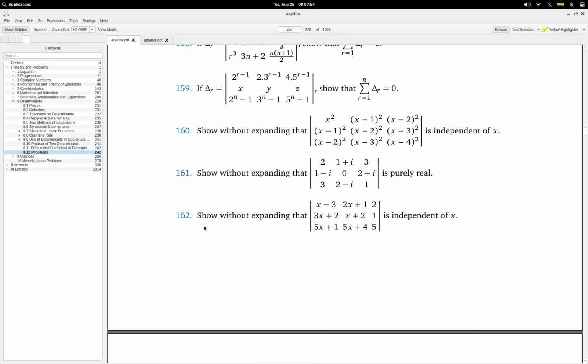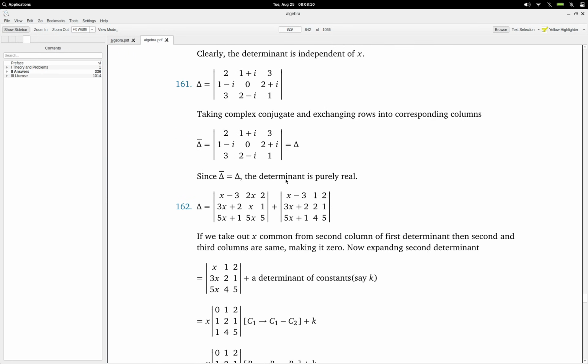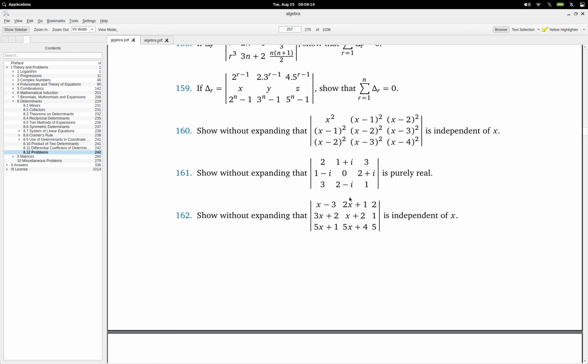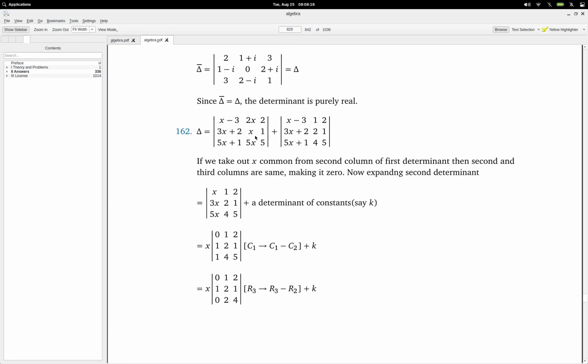Question 162 says that show without expanding that the determinant x minus 3, 2x plus 1, 2, 3x plus 2, x plus 2, 1, 5x plus 1, 5x plus 4, 5 is independent of x. So what we do here is we split on the basis of second column.